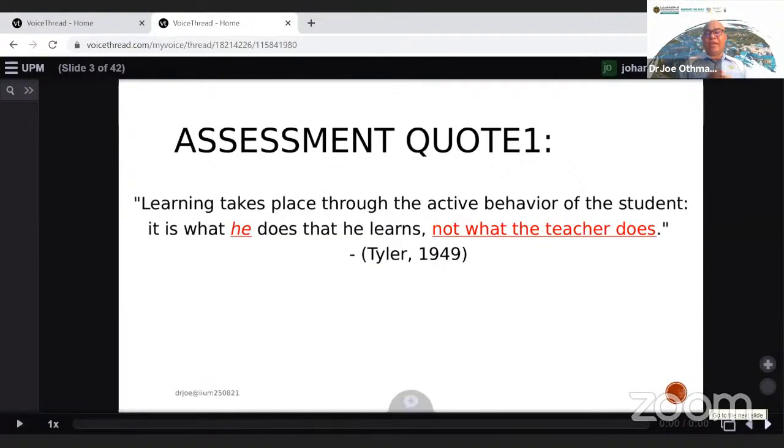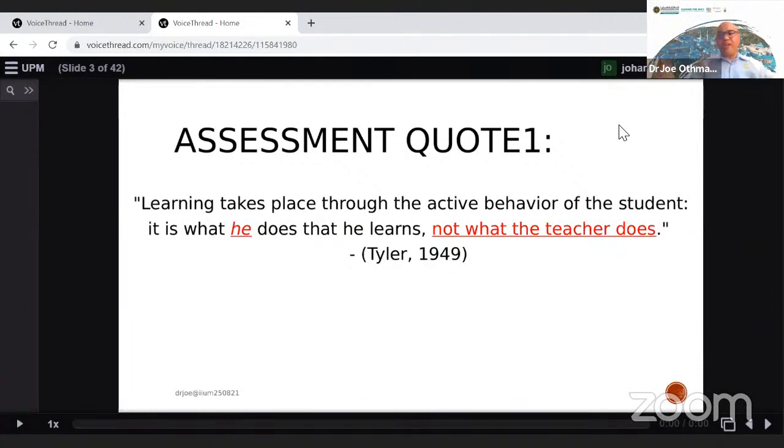Okay, let us look at this quote. I like this quote by Tyler, even though it is from way back in 1949, but I am sure this quote is most relevant now. I will read it. Learning takes place through the active behavior of the students. It is what he, meaning the student, does that he learns, not what the teacher does.